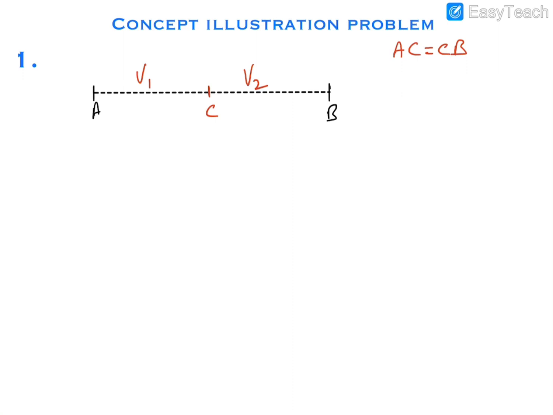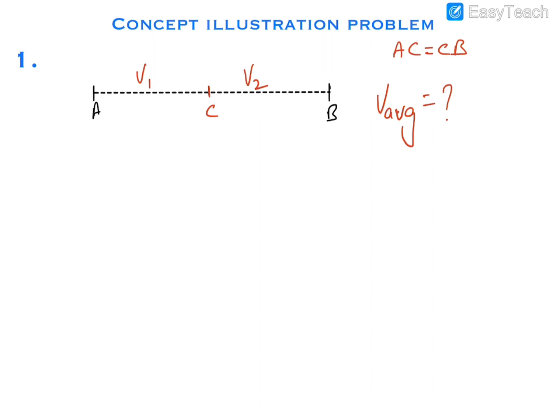It is traveling with a speed v1 for this half distance, and with the speed v2 for the remaining half distance, and we have to find the average velocity. Now we are given only these 2 variables, v1 and v2, and we cannot use any other new variable. So we have to present the answer in terms of these 2 variables only.